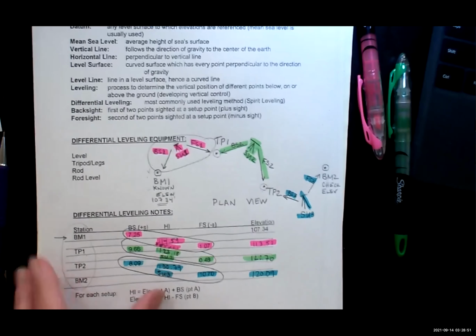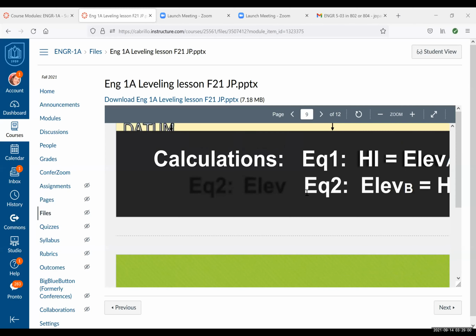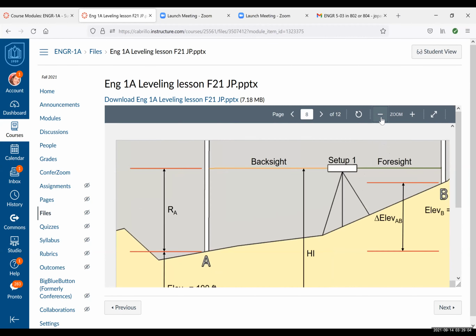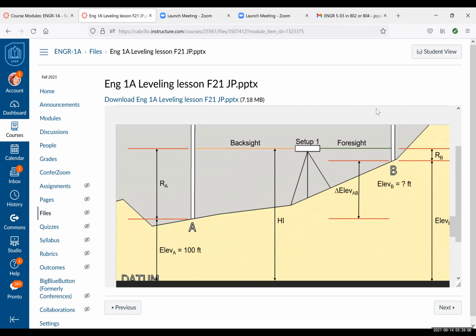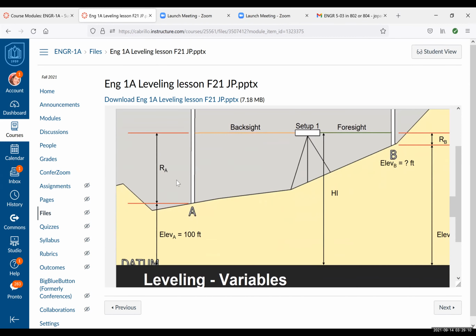But what we're looking at now is we're going back to, let me share the screen. Let me pull it back to the other one, it's a little less cluttered. But remember, when you're coming from a point, this is not really called a rod read. I mean, it is a rod reading. You are reading the rod, but it's really a back sight.